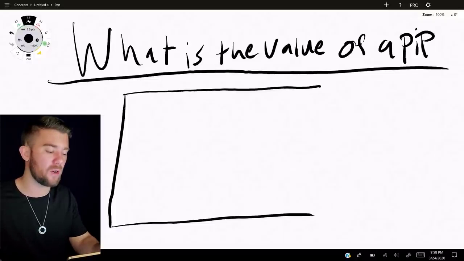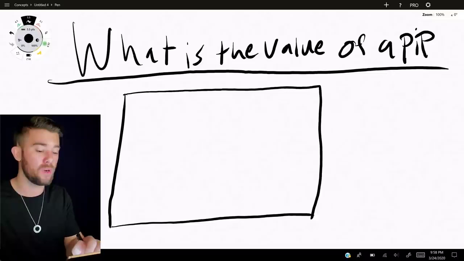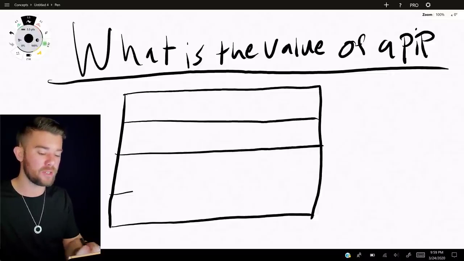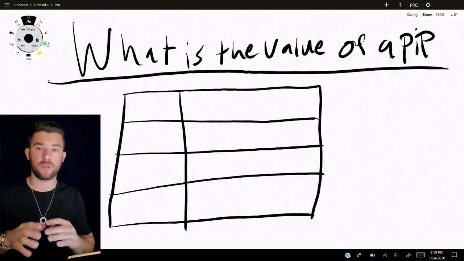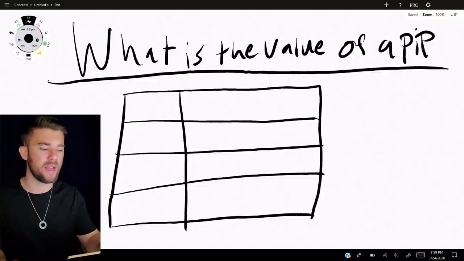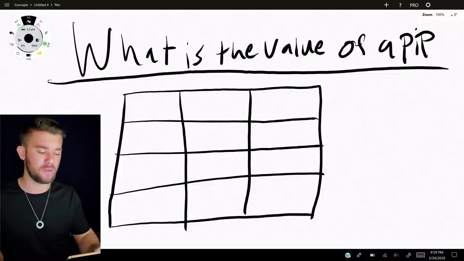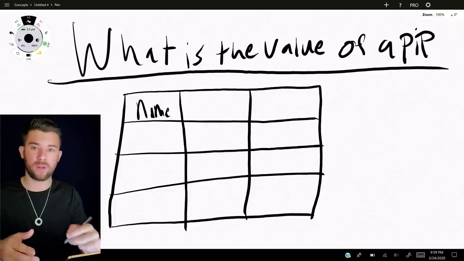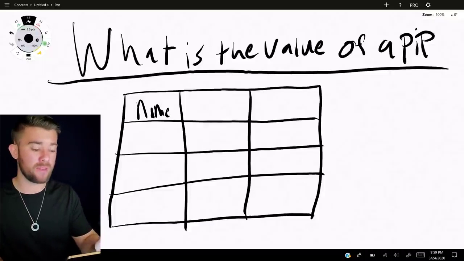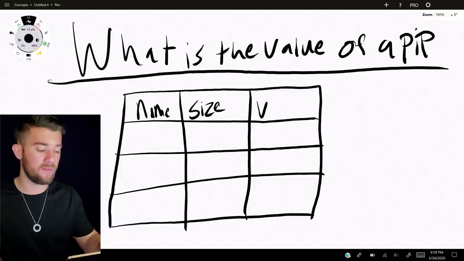And those units, again, are broken down into, most of the time, 3 major types, but we're going to do a 4th just in case. The 4th one is one that's used very rarely, but you'll understand more about that in just a second. Don't get confused, nothing confusing about this. What we're going to have in this column is the name of whatever lot size you're doing. What we're going to have in this column is the size, and what we're going to have in this column is the value per pip.